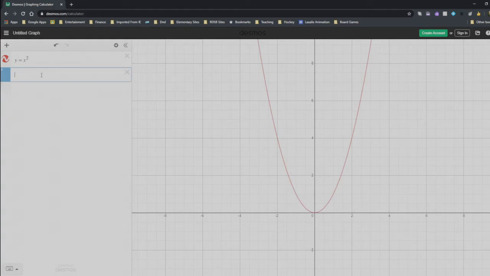Actually, let's do x minus 3 squared so that the square and the 3 are different numbers. Okay, so I want to do y is equal to x minus 3 squared. So I'm actually going to just turn this graph off for now. Put my brackets around there.